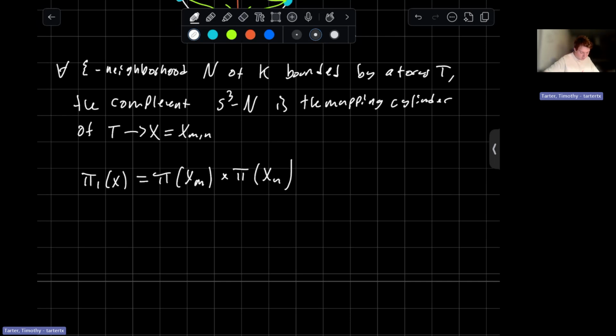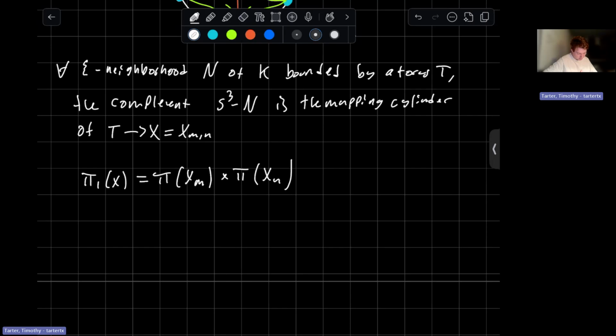They're both mapping cylinders that deformation retract onto circles, and the intersection of the two of them is a circle, so all three of these spaces have fundamental group Z. A loop in the intersection representing a generator of pi 1 of the intersection is homotopic in Xm to a loop representing m times a generator.